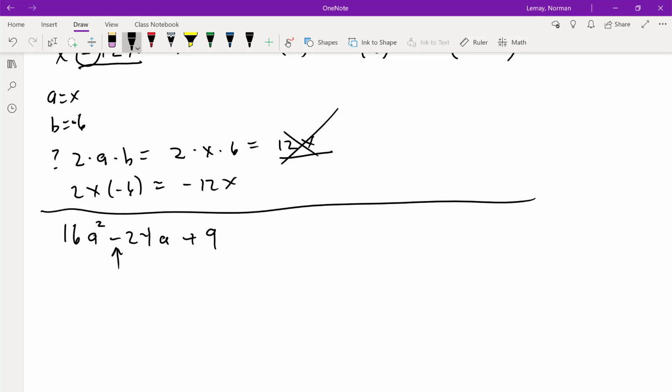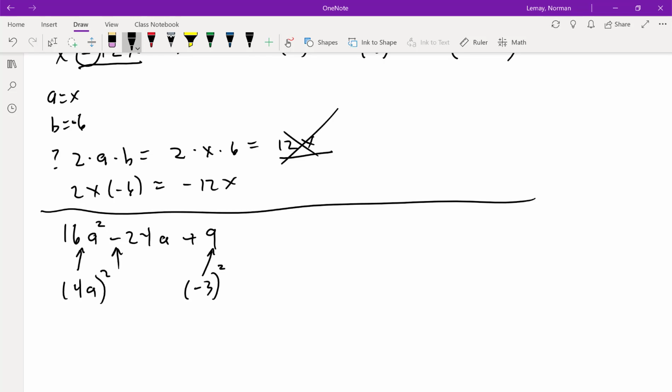So let's just note that 16a squared, I can write this as (4a) quantity squared. And now can we rewrite something that is squared? And notice we get 3, but since we have our negative, notice we might want to consider a negative 3 squared. So again, that gives us this guy, and that gives us this one.